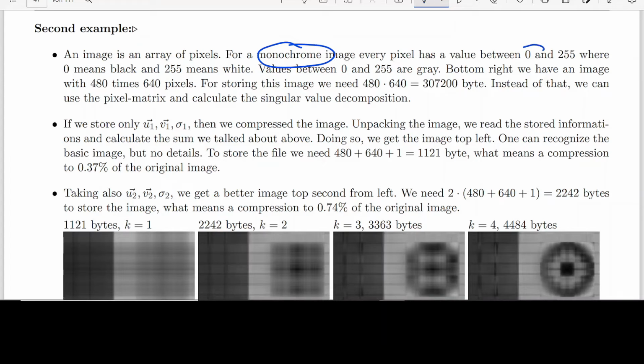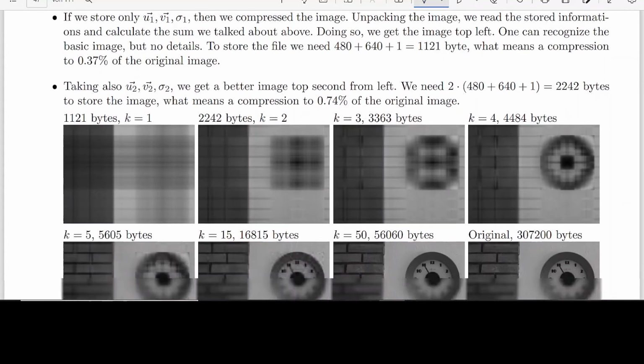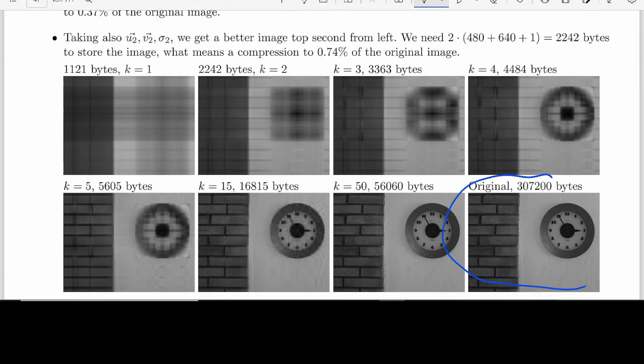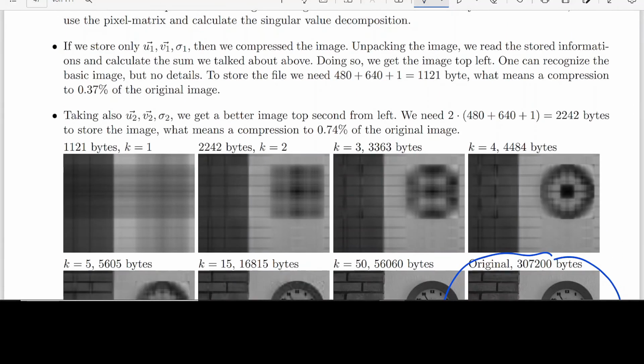The values are for each pixel a number between 0, which means black, and 255. 255 means completely white. And if we have such a picture, this is the original one, then we have in this case an array of pixels with 480 rows and 640 columns.